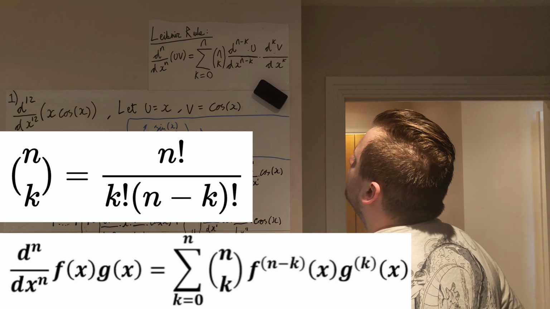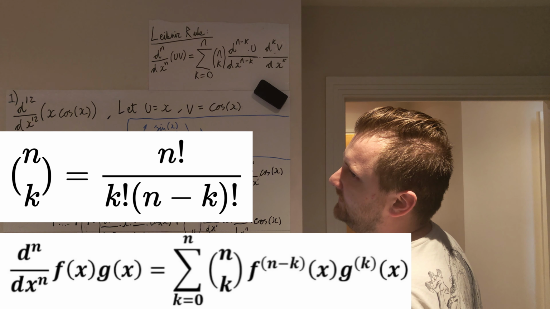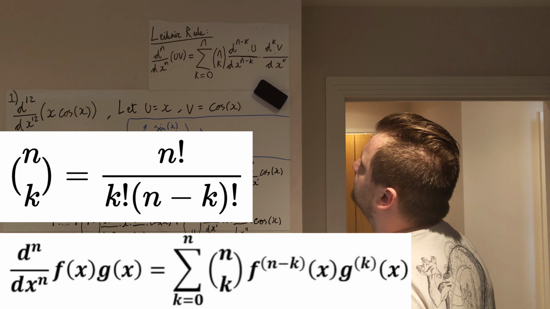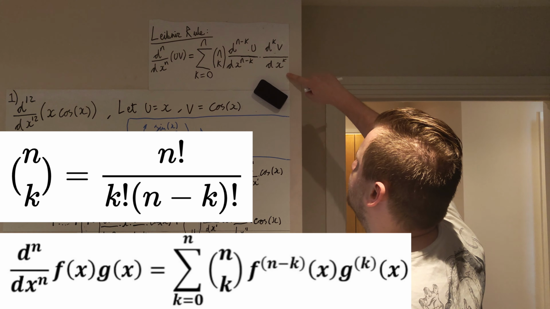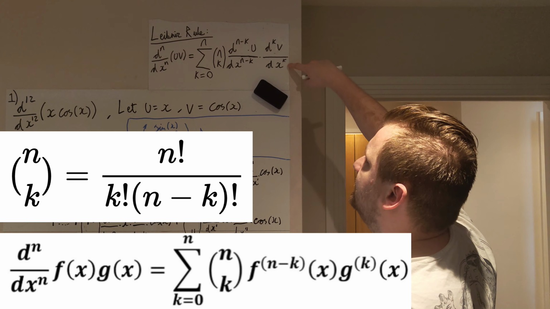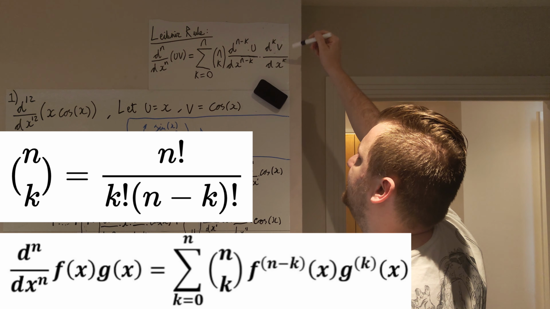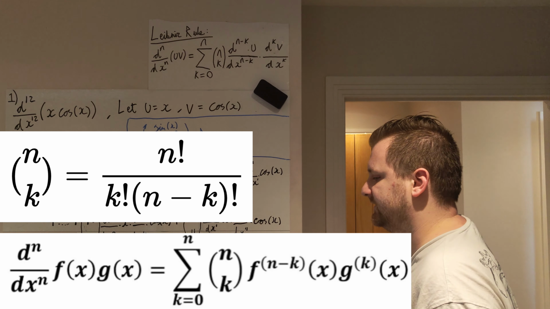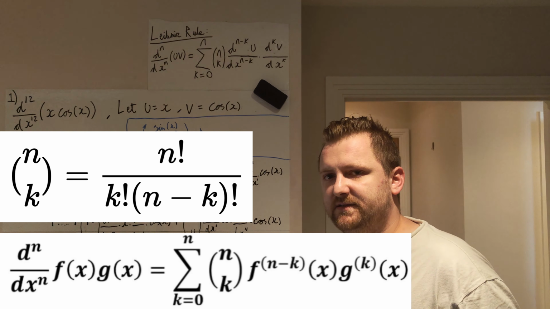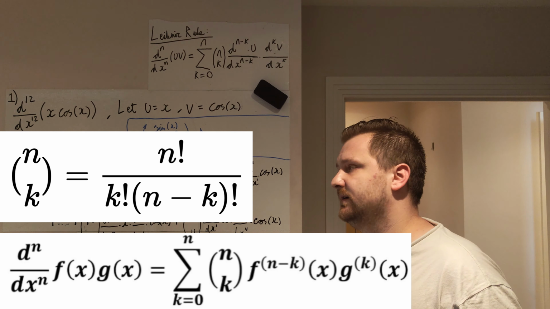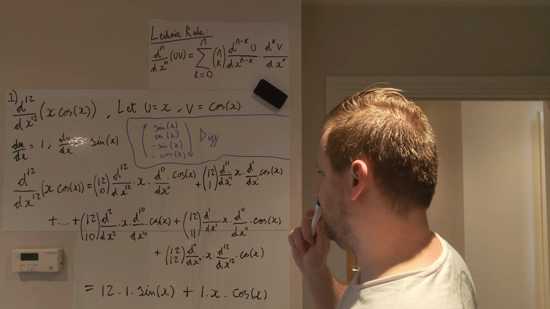And then this one is d to the power of k, so that will increase as k increases, times v, which is cos of x, over dx to the k. But it's really differentiating with respect to x, k times. Yeah, so I hope that makes some sense. It might make more sense once we start writing it out.